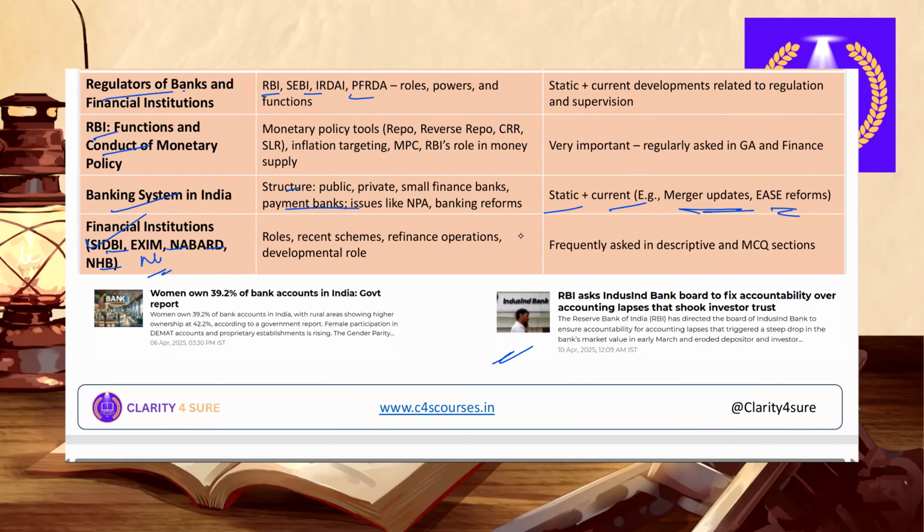See here, it was there in the news: RBI asked the IndusInd Bank board to fix accountability over the accounting lapses. So RBI is issuing such types of directions. If it was there in the news, you need to understand why RBI is issuing that, where these banking industries are lacking, why the accountability issues are there.